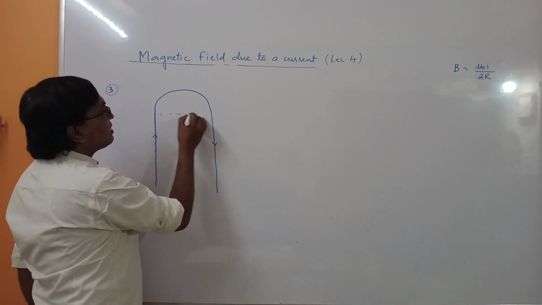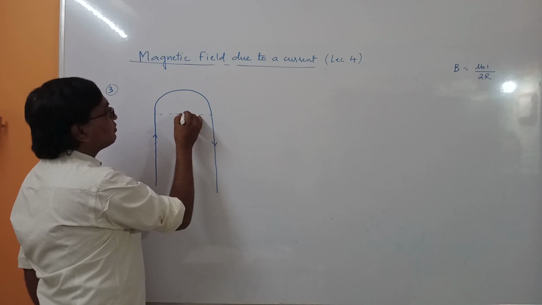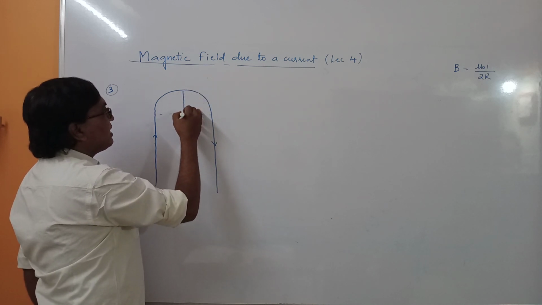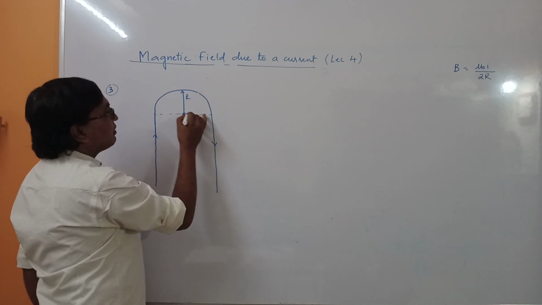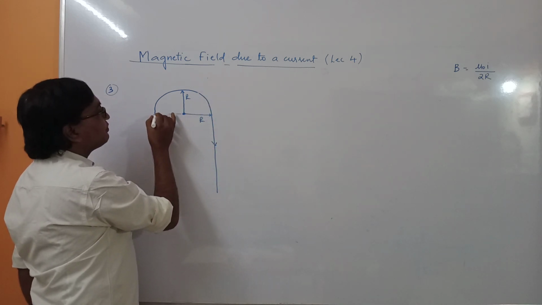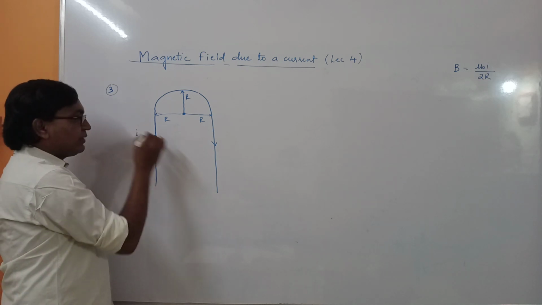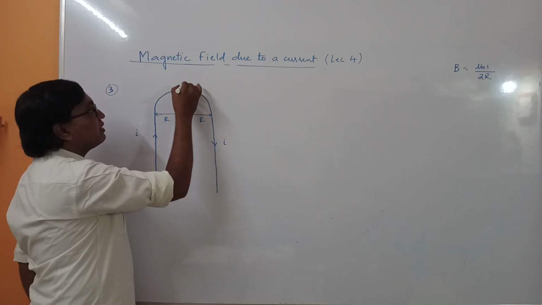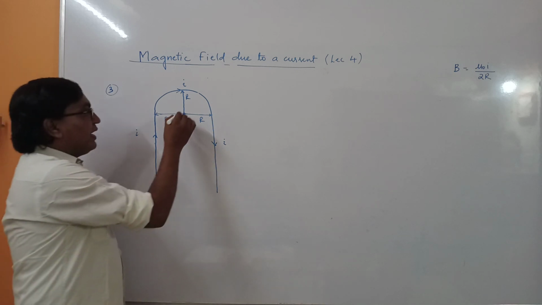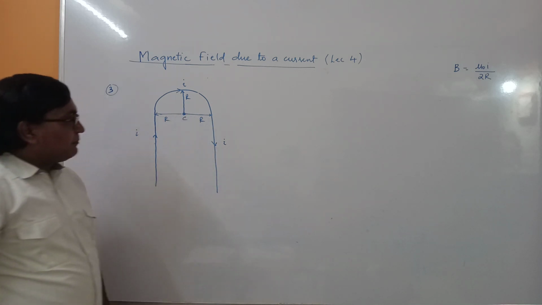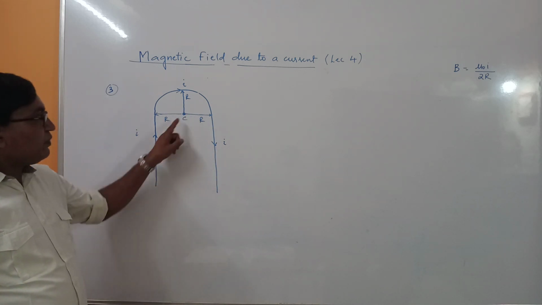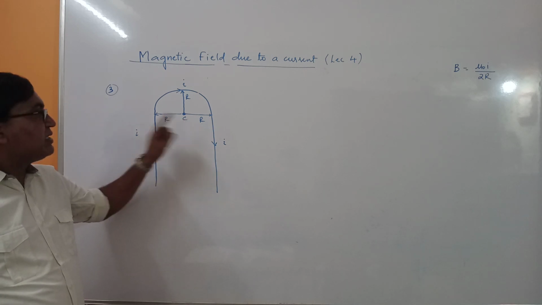Again this is semicircular. This is radius R. Okay, so current is flowing like this. This is the direction of current. Find the magnitude of the magnetic field due to this wire. So we have to find out the magnetic field at the center.